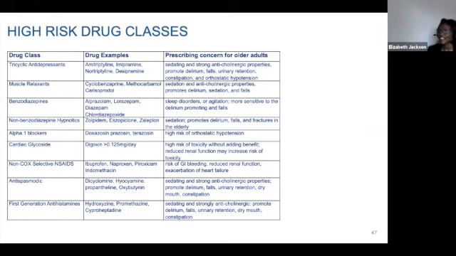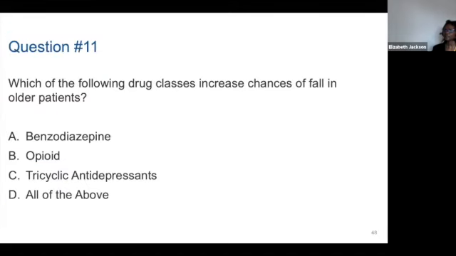These are some of the high-risk drug classes, and we are not going to go through each and every one of these, but I just wanted to highlight the tricyclic antidepressants, the muscle relaxants, the benzos, the non-benzodiazepine hypnotics, as ones that we will see later on, and the alpha blockers. Moving on to the next slide.